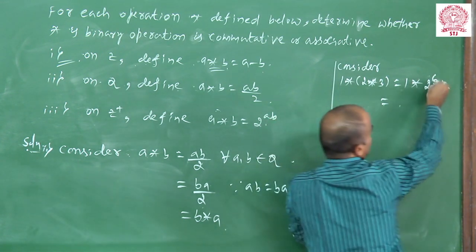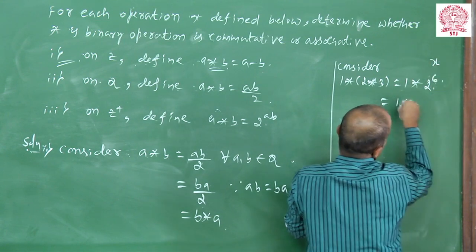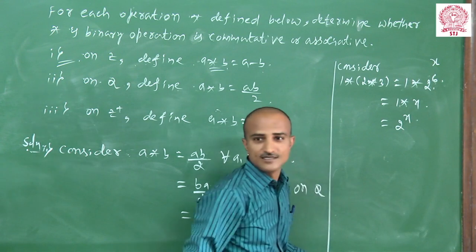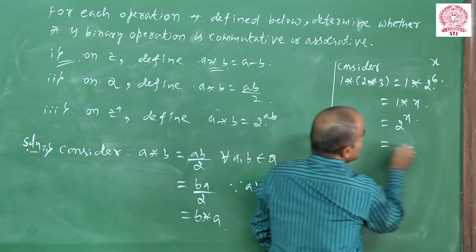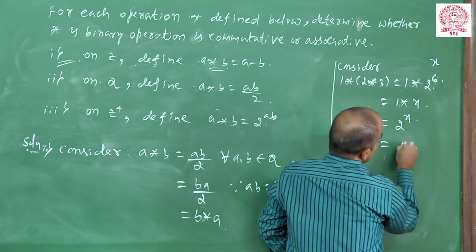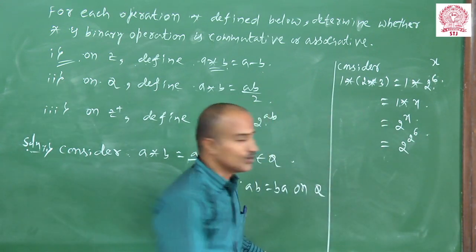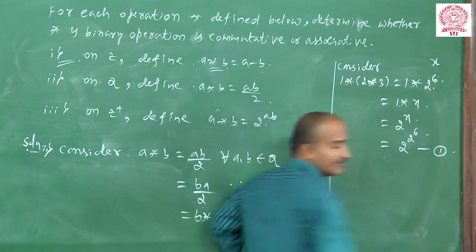Now if you take that as X, then it is 1 star X, that will be 2 power X. What is X? 2 power 6. So it is 2 power 2 power 6. Call it equation 1.